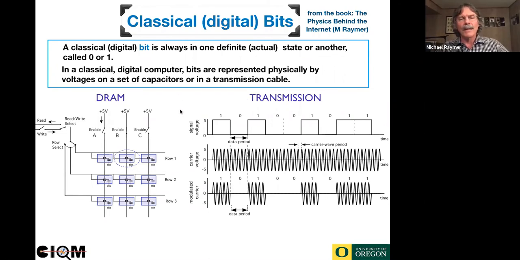Now, how do you transmit that? If you make a cell phone call and your phone sends out radio waves, how does that work? Well, there's a carrier of voltage. This is voltage versus time on this axis, and a simple radio wave would just have a single tone like that. Maybe it's 5 gigahertz frequency, which is a radio frequency.